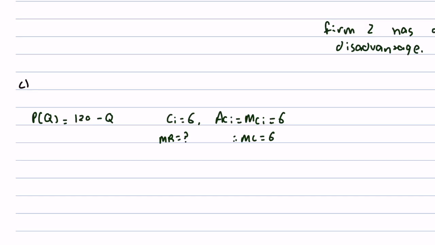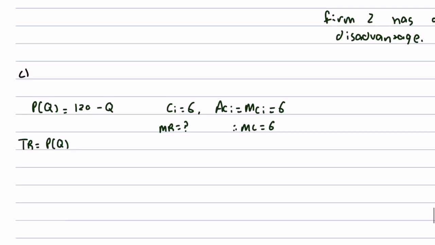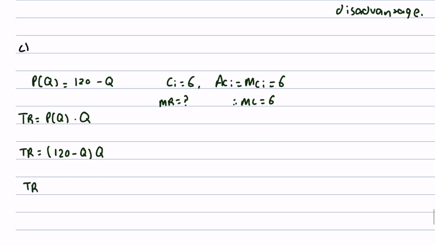Now, to find our marginal revenue, let's first find the total revenue, right? We know total revenue is equal to the price of each unit, which is P of Q, times however many units we sell. We know what P of Q is. We have it here. So we're just going to sub it into total revenue. It's going to be equal to (120 minus Q) times Q. So therefore, total revenue is going to be equal to 120Q minus Q squared, right?